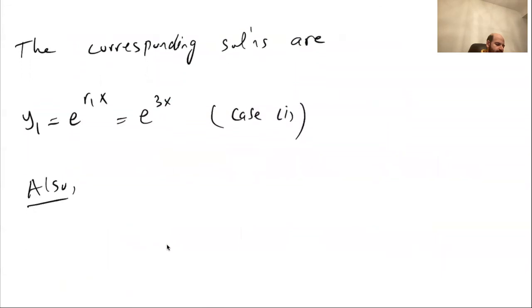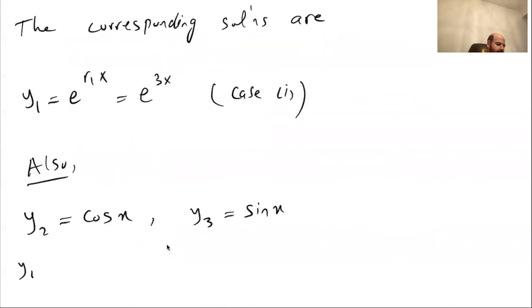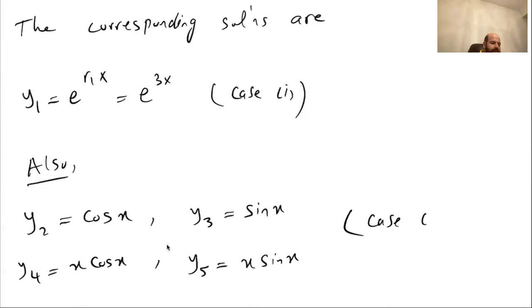Also, y2 equals cos beta x, which is cos x, y3 equals sine x, y4 equals x cos x, y5 equals x sine x. So these are basically according to the recipe or the algorithm that we explained in case 4 above.